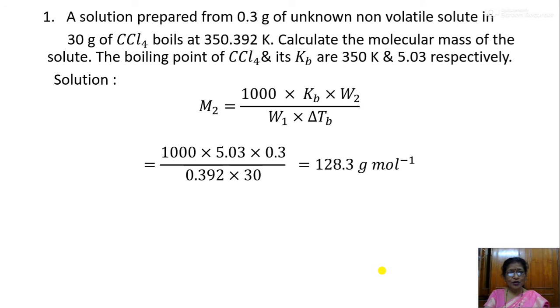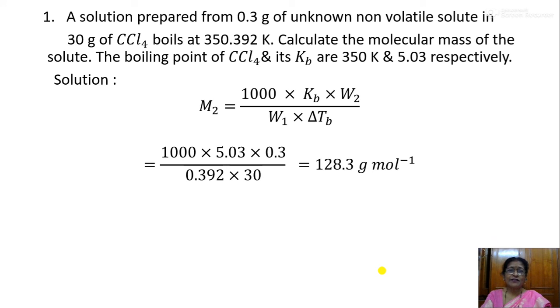Now let us work out one more problem on this. A solution prepared from 0.3 grams of unknown non-volatile solute in 30 grams of carbon tetrachloride boils at 350.392 Kelvin. Calculate the molecular mass of the solute.